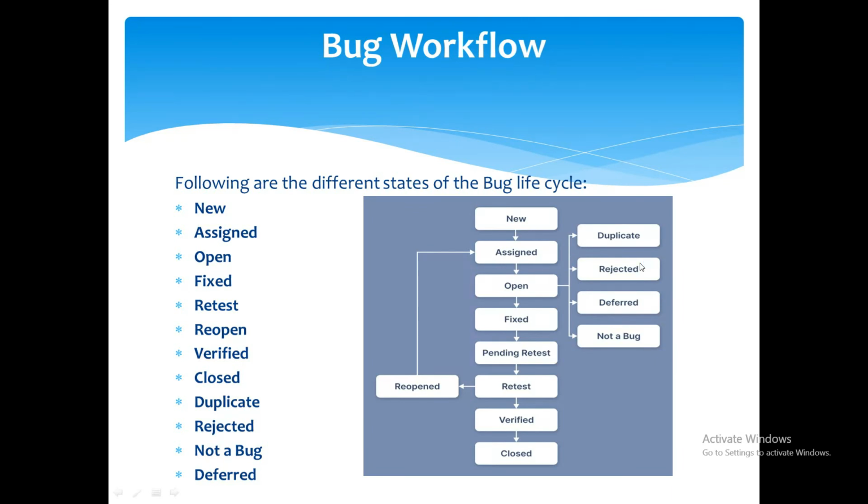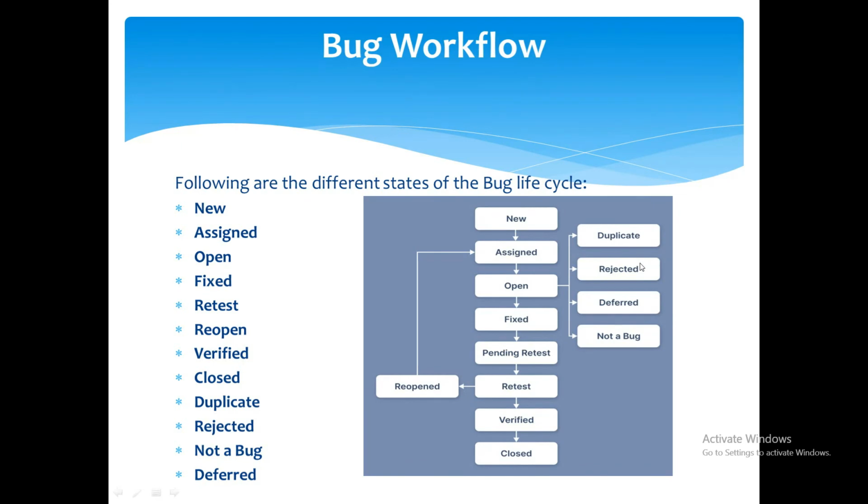And deferred. A bug in deferred state means the bug is expected to be fixed in the next release. The reasons for changing a bug to this state are many. Some of them: the priority of the bug may be low, or the bug may not have a major effect on the software.